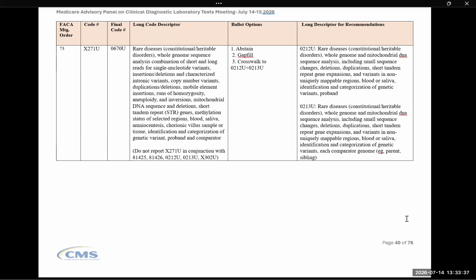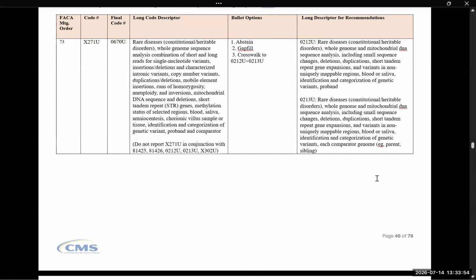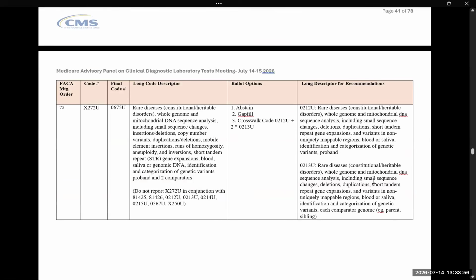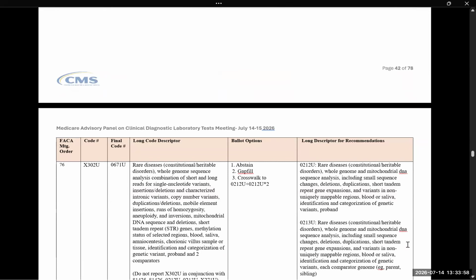We are making some corrections to those codes, and double checking to make sure that we are getting what the panel's actual recommendation was in both the ballots and the long descriptor. So for now, if it's okay with everybody, I think we are at number 85. We'll finish the rest of the codes, and then we can come back around to making sure that we've got those genome codes corrected at the very end, if that's okay with everybody.